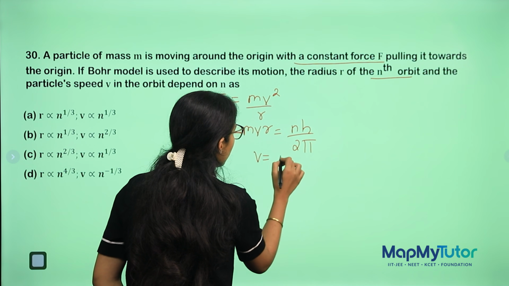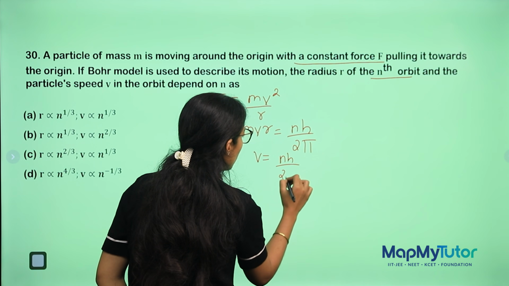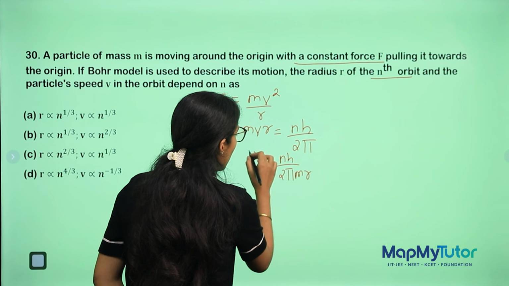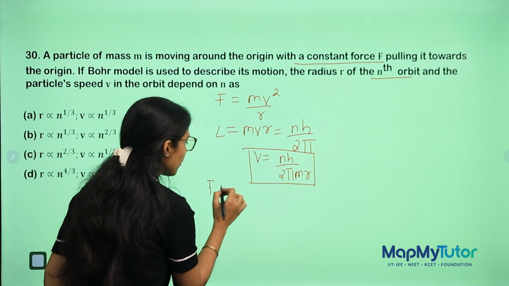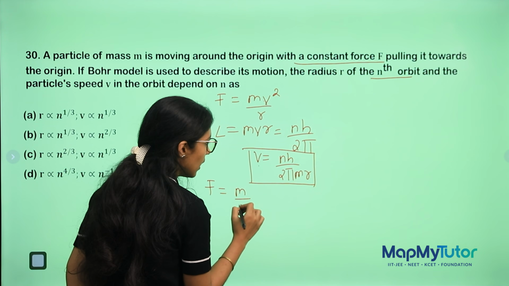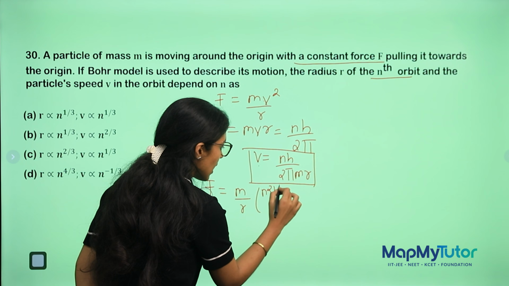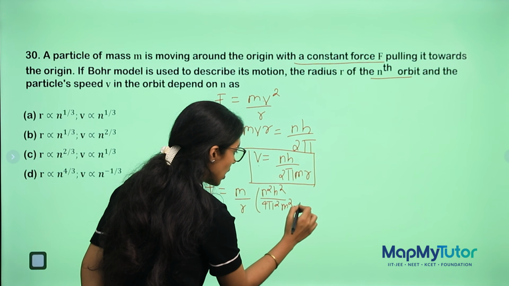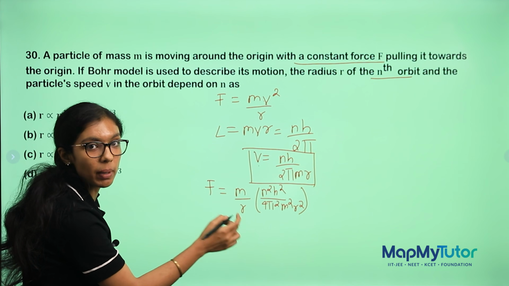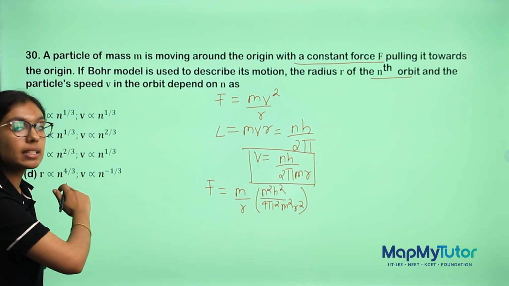So here I can get the v value, that is nh by 2 pi mr. I will substitute this back into this. So what I will get? F equal to m by r, n square h square upon 4 pi square m square r square. Be very careful with whatever powers you are doing here, because the answer is in powers.